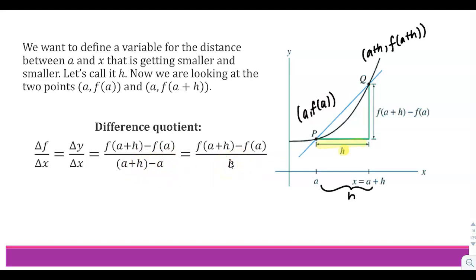So this is an alternate difference quotient that allows us to use this new variable h, where h is that distance along the x-axis that we're trying to shrink. We want to get that down to 0 so that those secant lines are used to approximate that tangent line, or eventually find the exact slope of the tangent line.